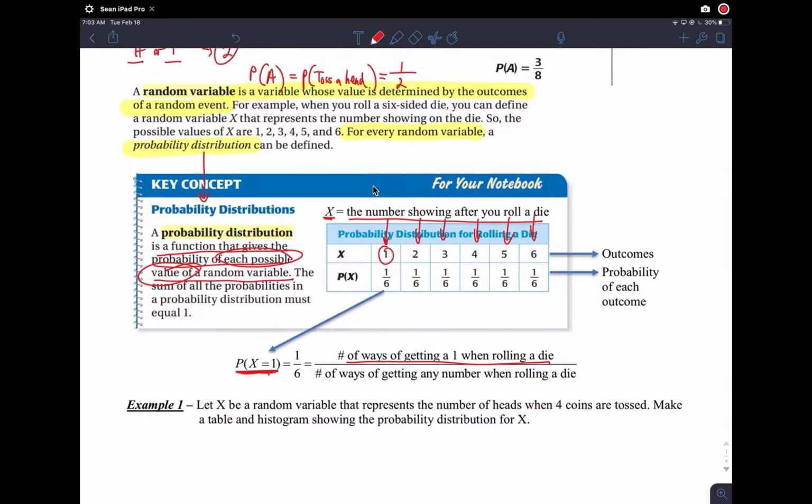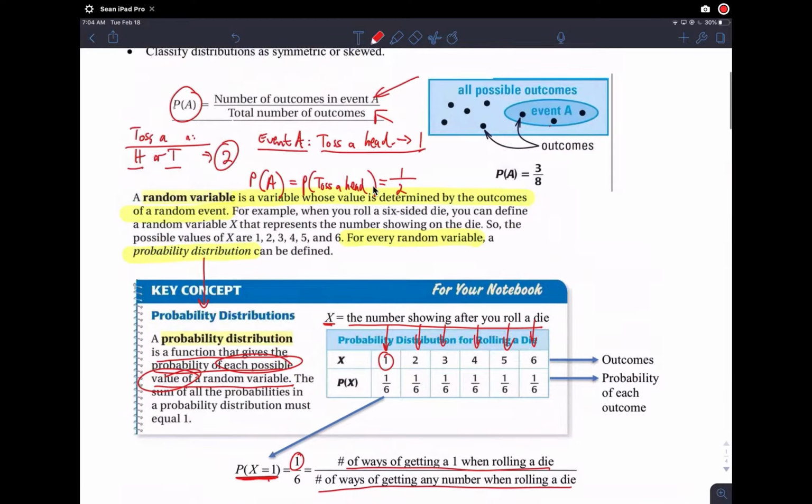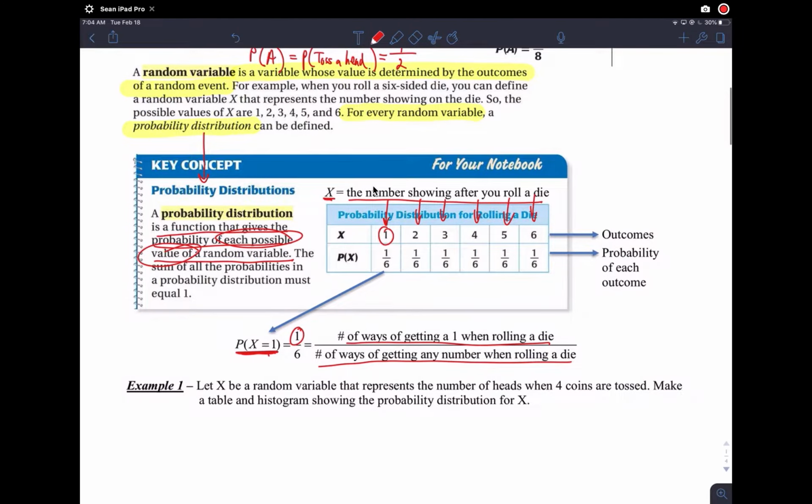Okay, so 1, and then what's the total number of ways of getting any number? Right, total number of ways of getting any number. So as we had up here, total number of outcomes, right? The total number of ways of getting any number, and that's 6. Now, okay, I think that's intuitive for most of you. You've been around probability a little bit, hopefully, and so that's fine.